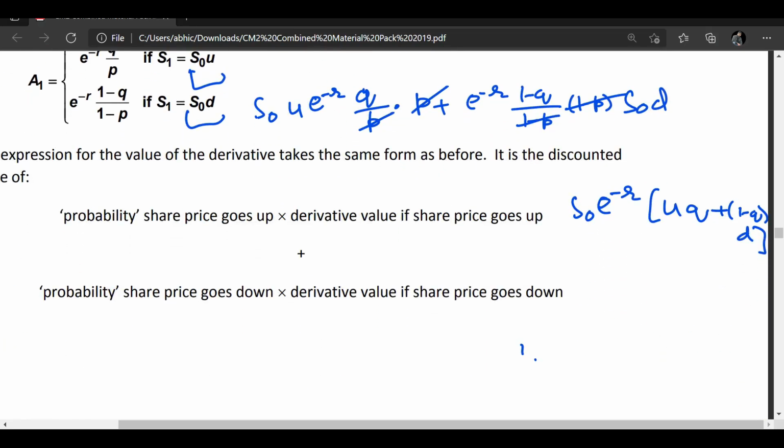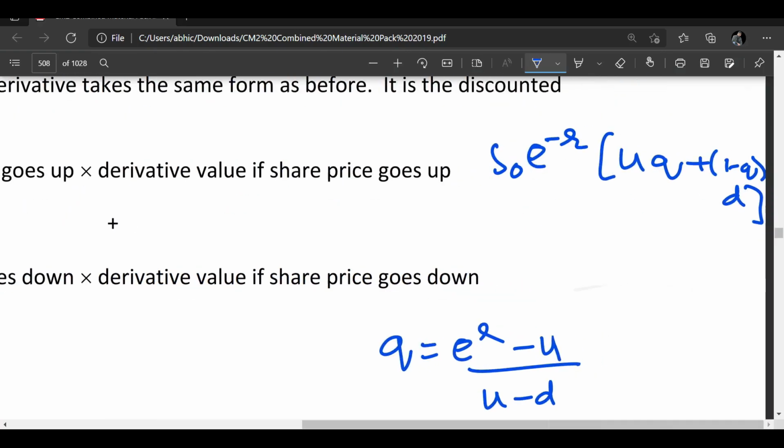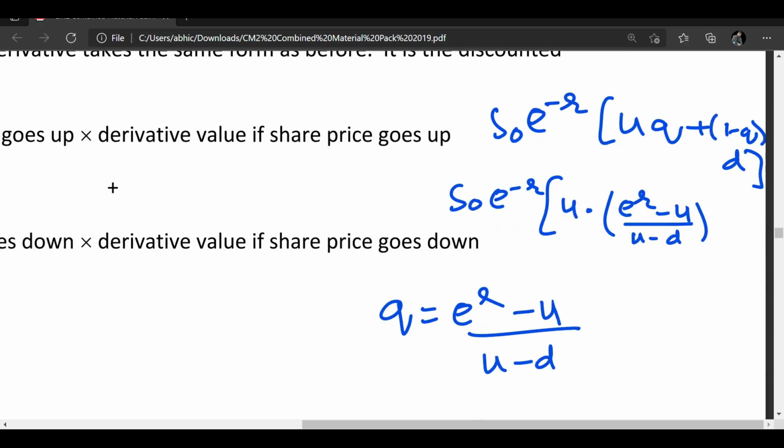Now what is Q? Q is just e to the power of r minus d divided by u minus d, right? Let me make the substitution here, so it just becomes S0 e to the power of minus r, u times q, which is e to the power of r minus d divided by u minus d, and then this is plus 1 minus q, which will be equal to e to the power of r minus d divided by u minus d multiplied with d.